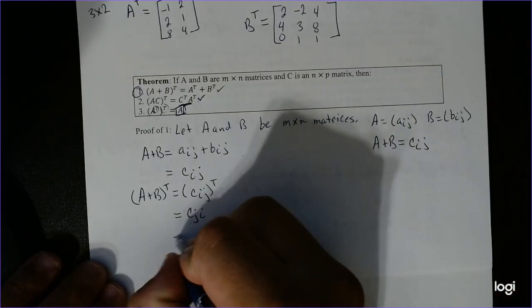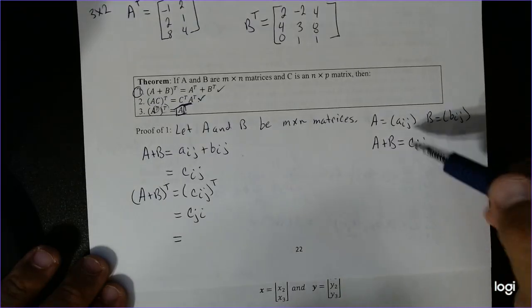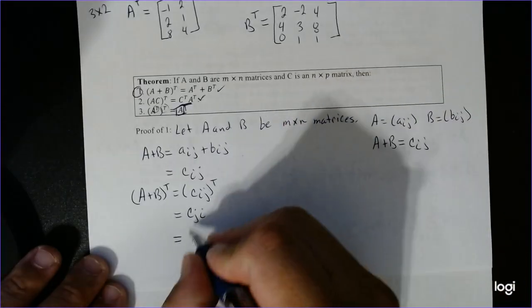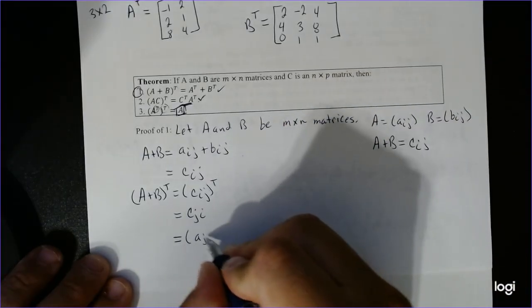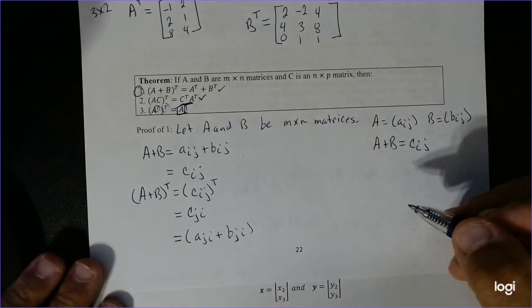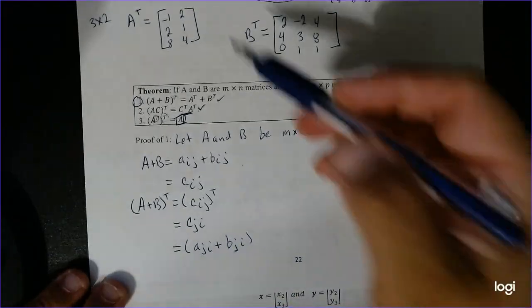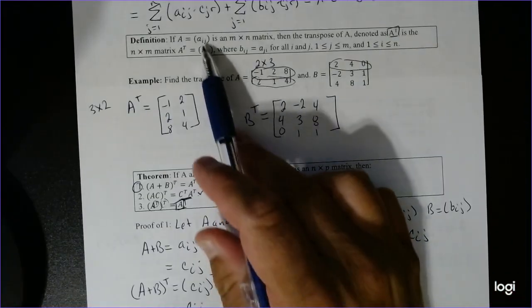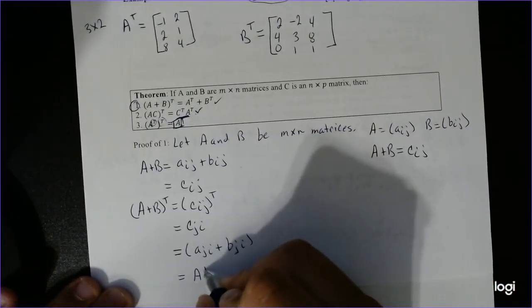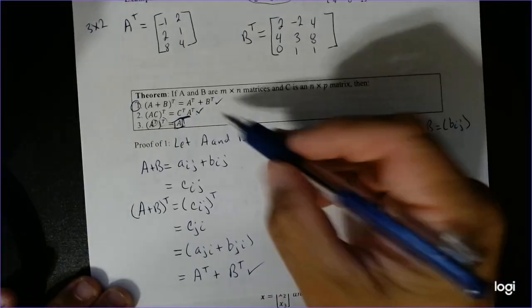But this was defined to be the sum of these two put together. So if I break this apart, this entry is just Aji plus Bji, right? That entry in this matrix itself. Well, by the definition of our transpose, this is also the definition of A transpose, and this is also the definition of B transpose. And there we go. We proved number one.